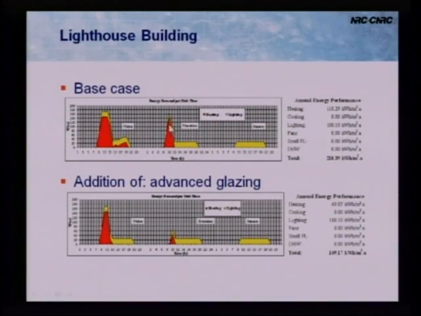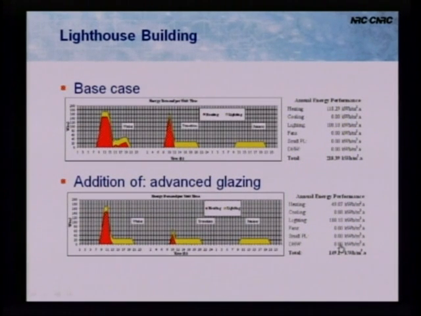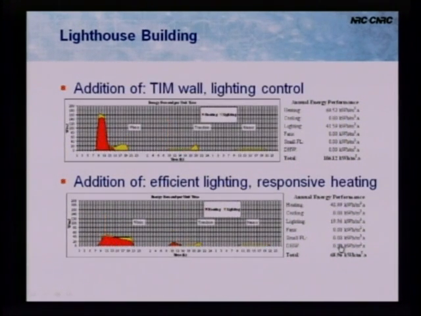And what effect does this have on the loads? And you can see here in the spring and autumn season, the load has come down significantly, and in winter we've only got this peak in the morning now, and we've reduced our annual energy consumption. And we've quantified the effect of putting on that advanced glazing.